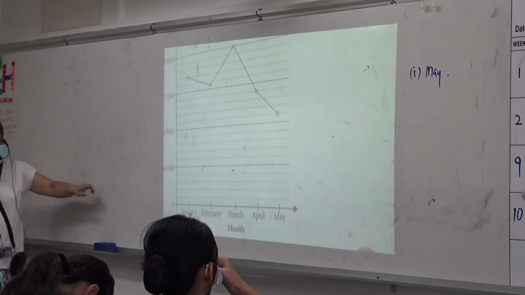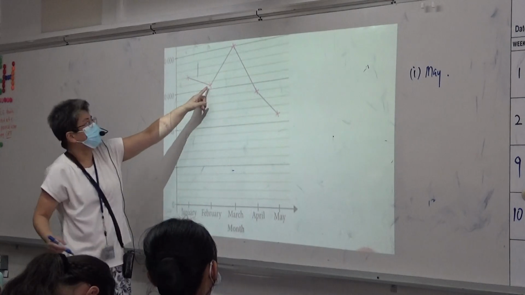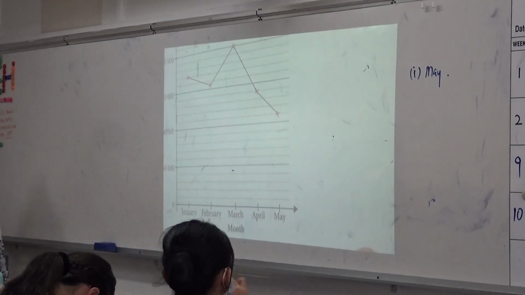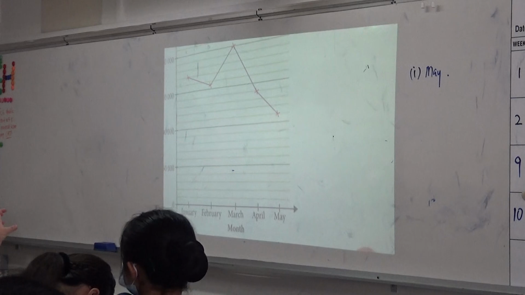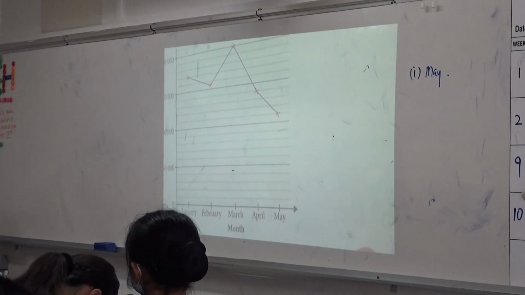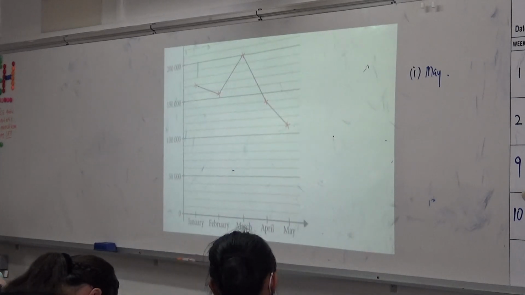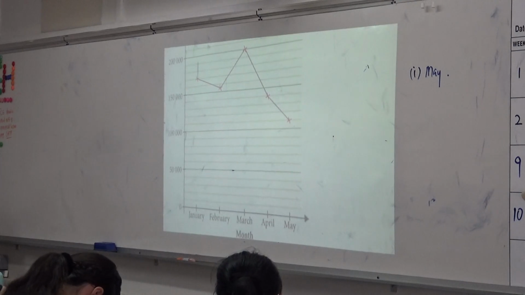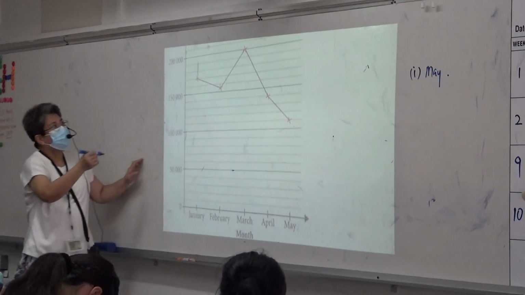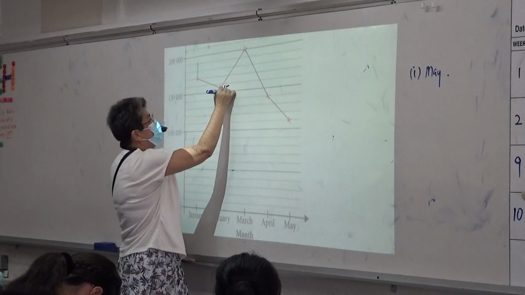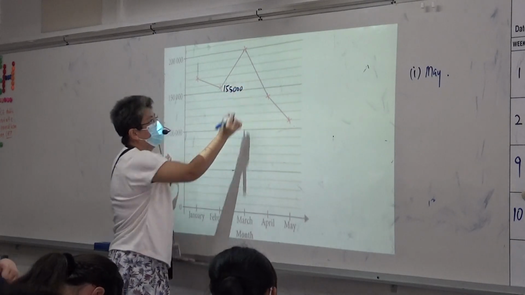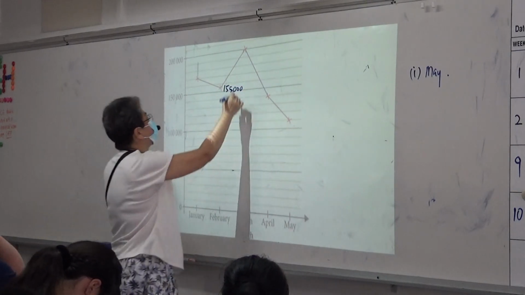Can you tell me February, what is the answer here? Okay, mine is a bit out. Let me just readjust it. Okay. February, what is it? 1,550,000, right?